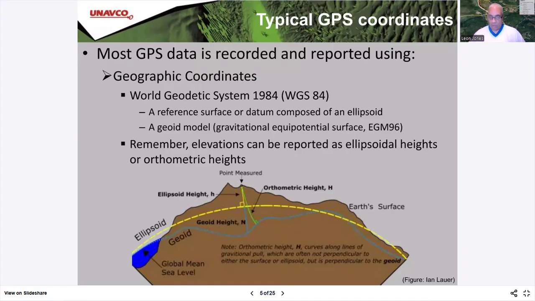So if you want to know where the geoid is, this is the geoid height right here. And here's your geoid. Now, when they talk about perpendicular, we're talking about 90 degrees. And here's your orthometric height. It is perpendicular to your geoid. You can see right in the diagram.